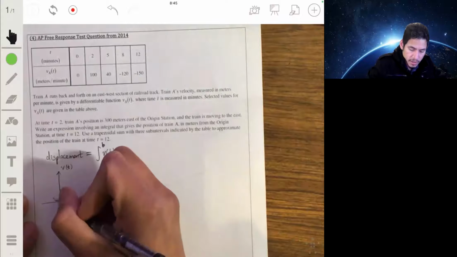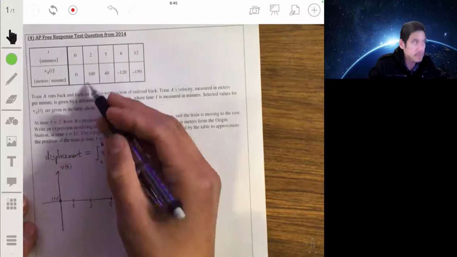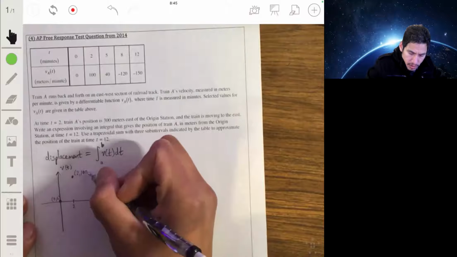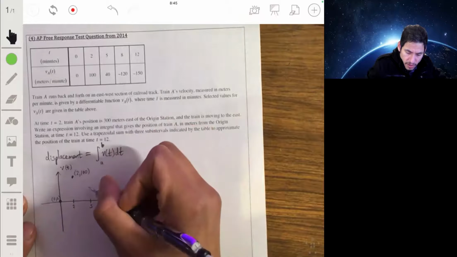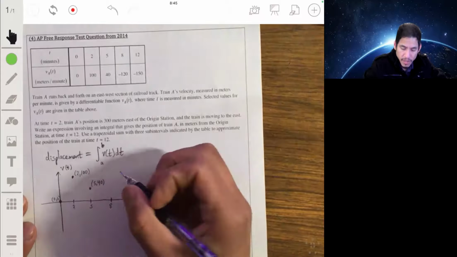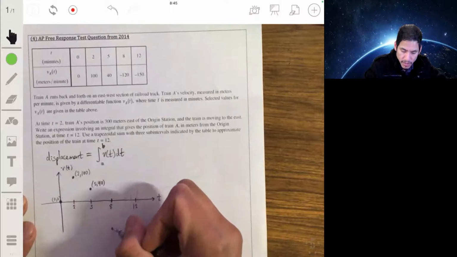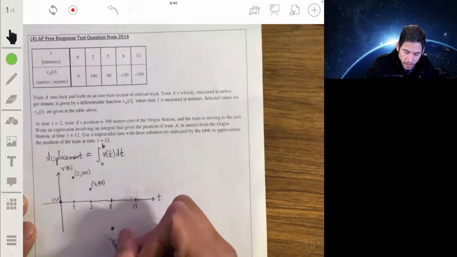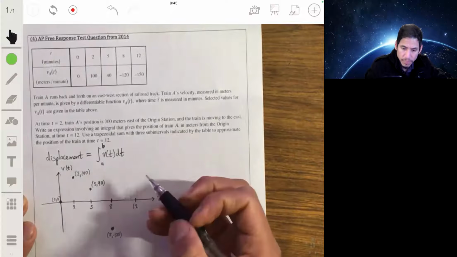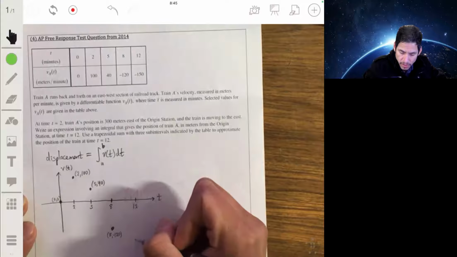So it's at 0, 0, and it's at 2, 100. So we'll say that's 2, 100. And 5, 40, so maybe like there. And 8, negative 120, so maybe over here. And 12, negative 150.